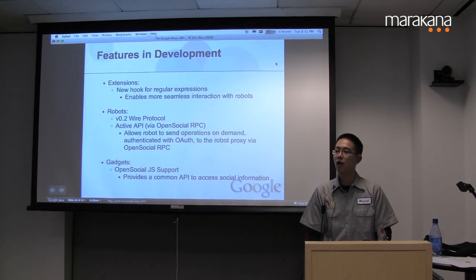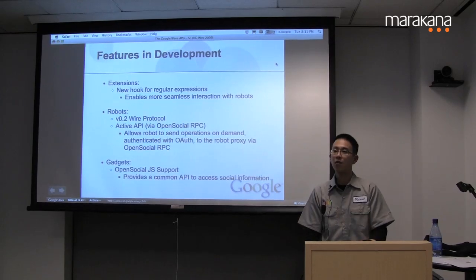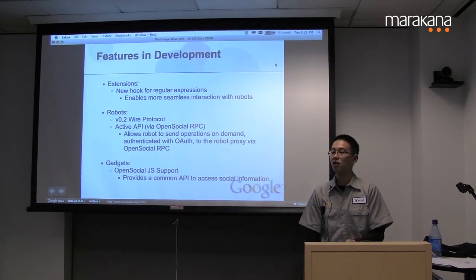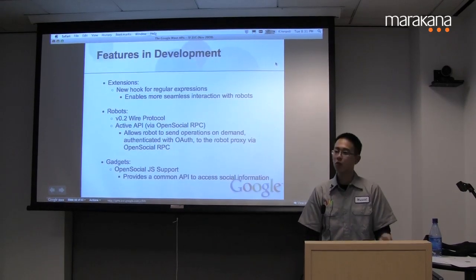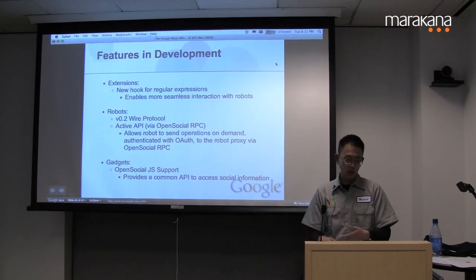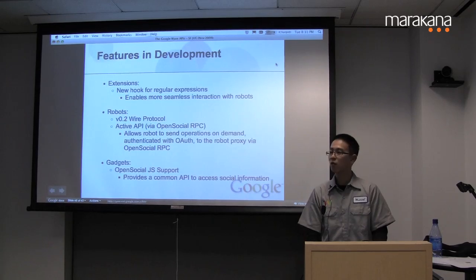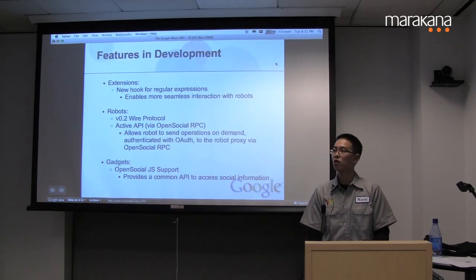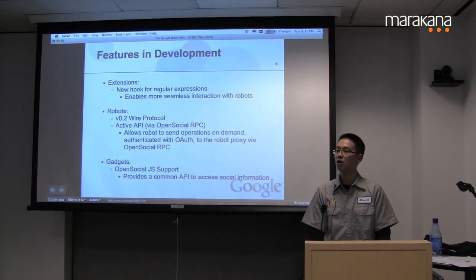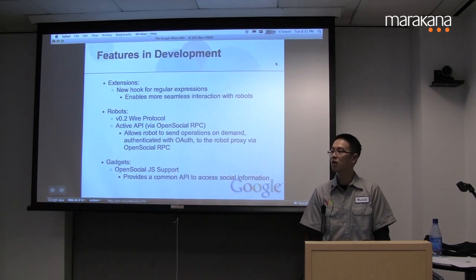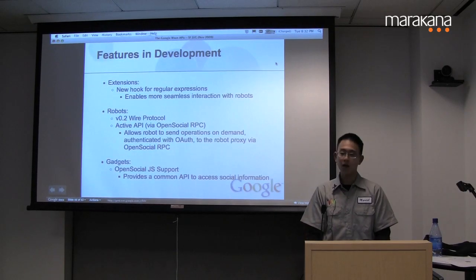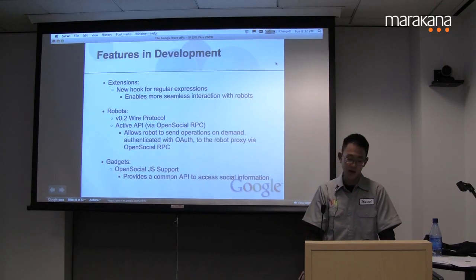When we send operations with this new API, it will be authenticated using OAuth, and we'll send it using the Open Social RPC mechanism. Once we have this implemented, we're going to publish a blog post or send an update to the blog or the mailing list on how you can get your consumer key and secret for the OAuth signing purpose, and how you can invoke the API.